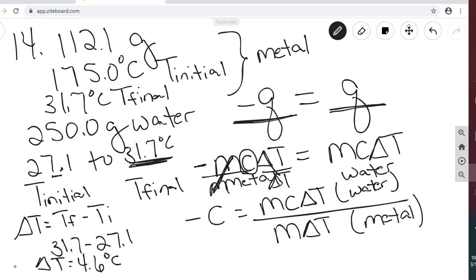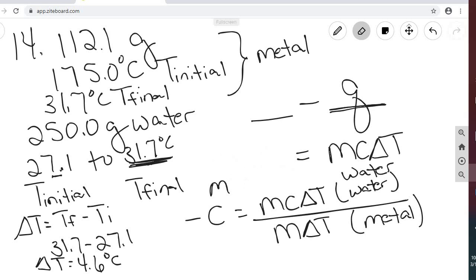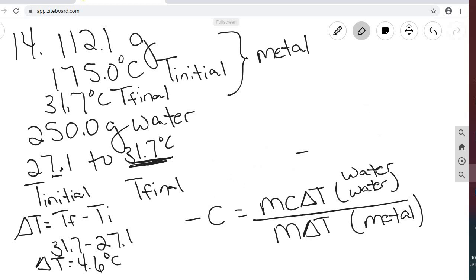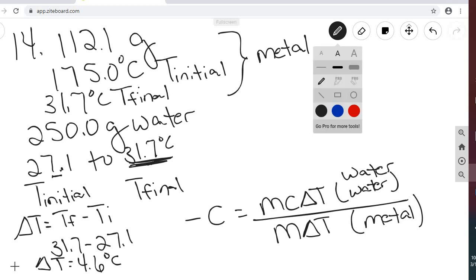That's the equation we have to work with. Now let's plug in numbers. The top is the water, the bottom is the metal. The mass of the water was 250 grams.